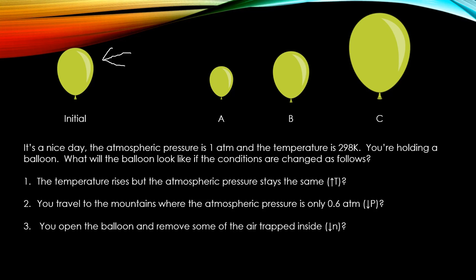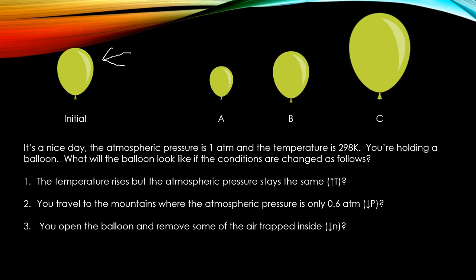So the pressure is going to drop. So what happens to volume when pressure decreases? Well, they're inversely proportional. So if the pressure decreases by going up in the mountains, then the volume is going to increase. So once again, it's going to look more like the balloon C than it did initially.